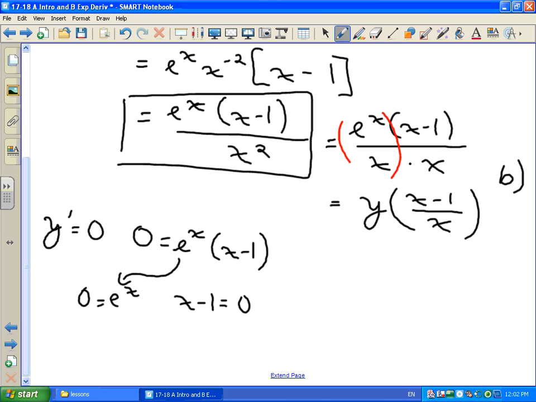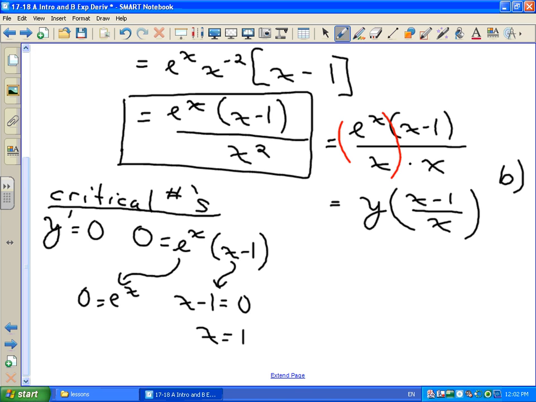I'm looking first at where our numerator equals 0, so I'll just call these critical numbers. Our derivative equals 0 where our numerator equals 0. I got two possibilities. I'll solve the hard one here: x equals 1. I'll leave the easy one for you guys.